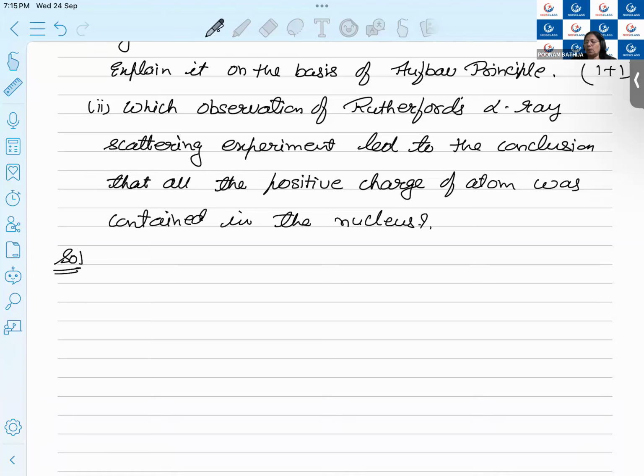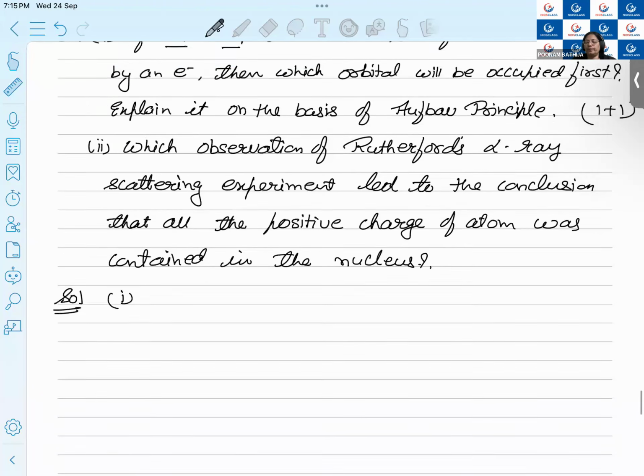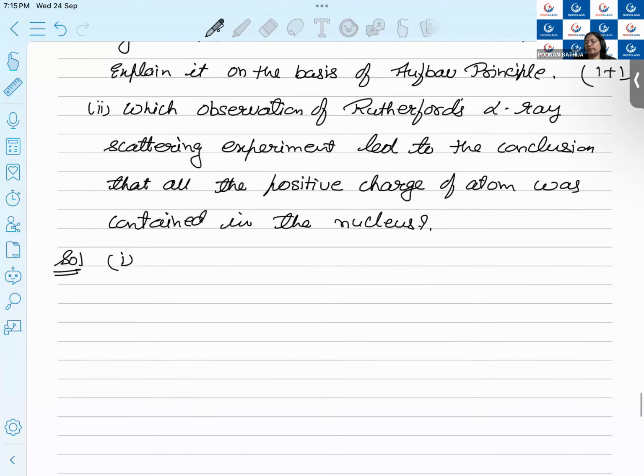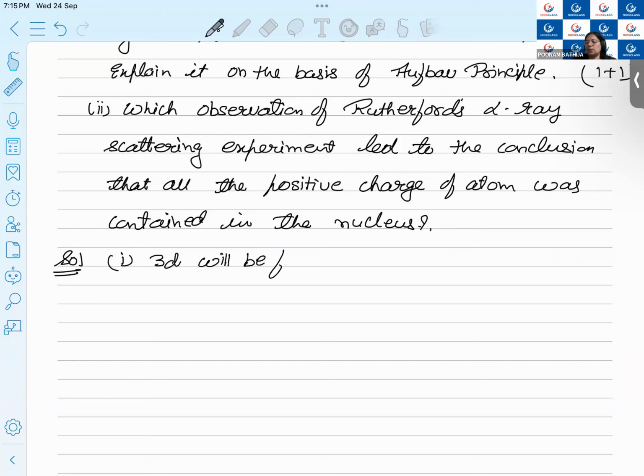Anyone know the answer? 3d will be filled first as it has low energy.